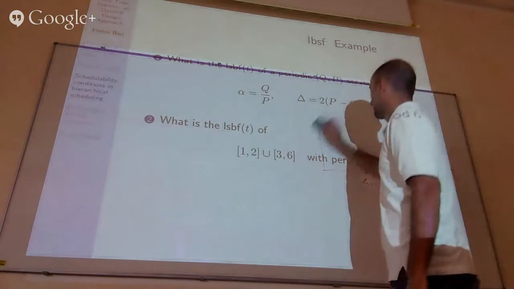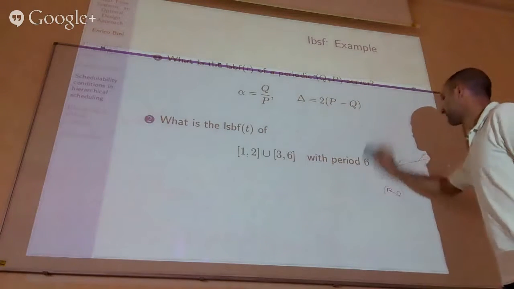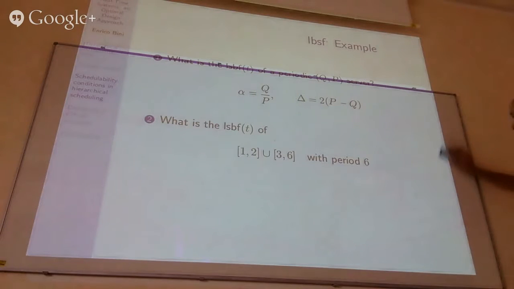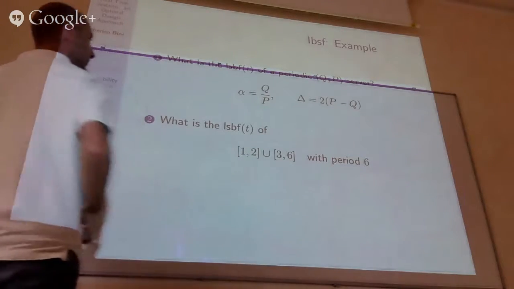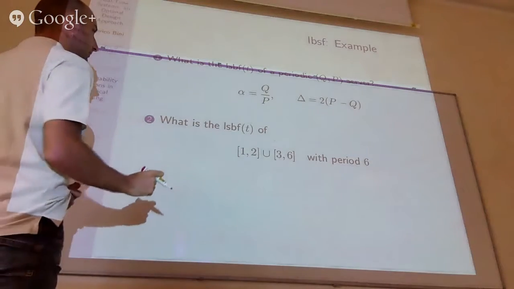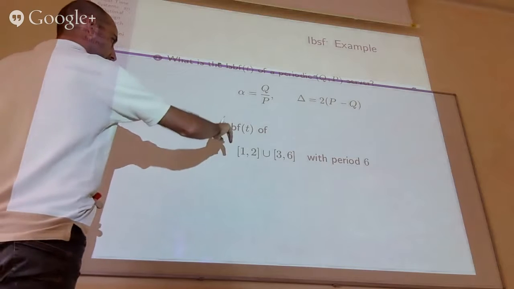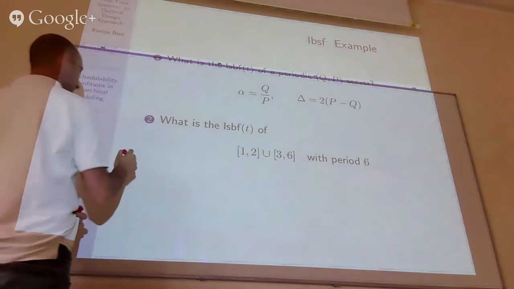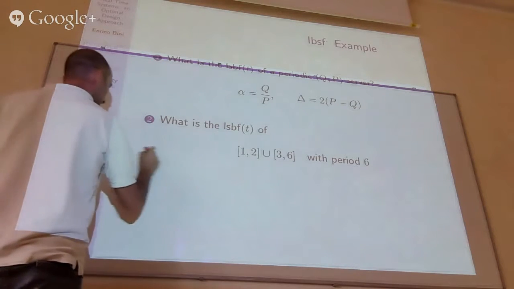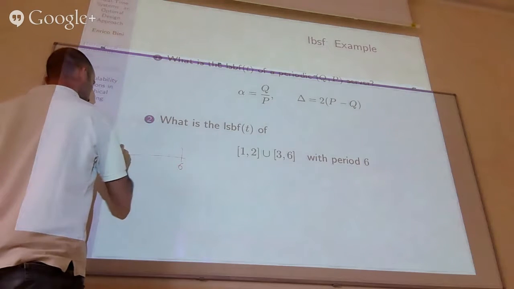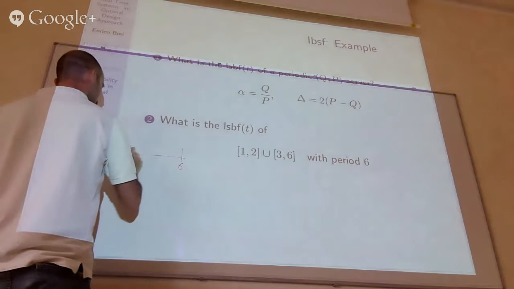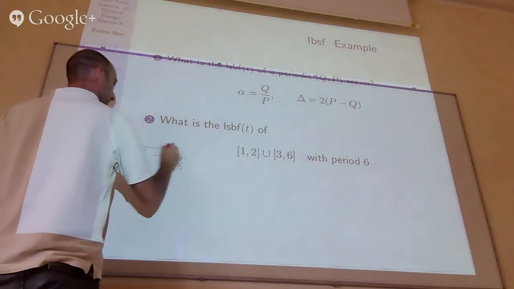Yes, I also have this example. This is an example that I typically like because it shows an interesting feature. Let's first compute the supply bound function of this scheme. This is a scheme with a period of 6, which has an idle time here, provides time between 1 and 2, and provides time between 3 and 6.